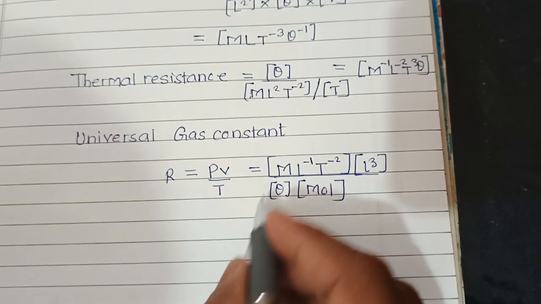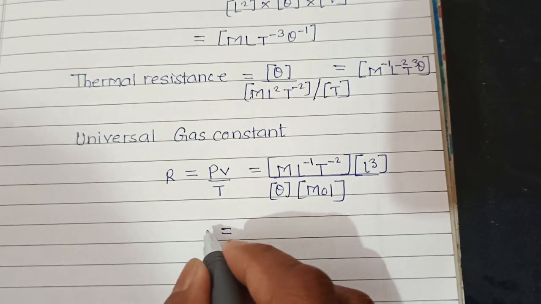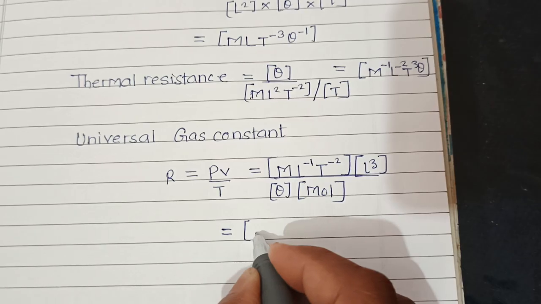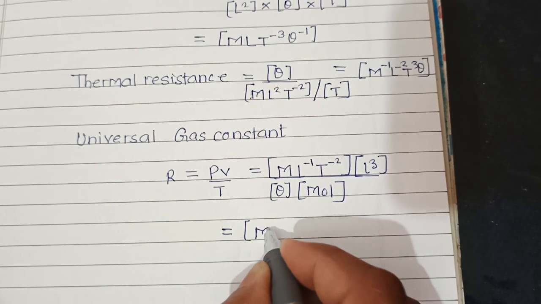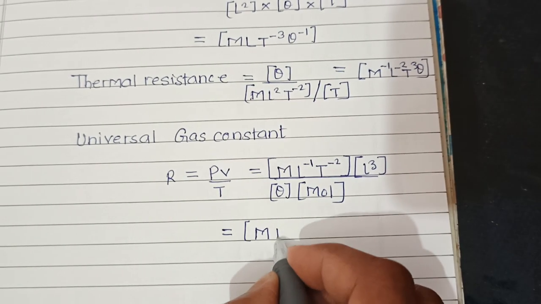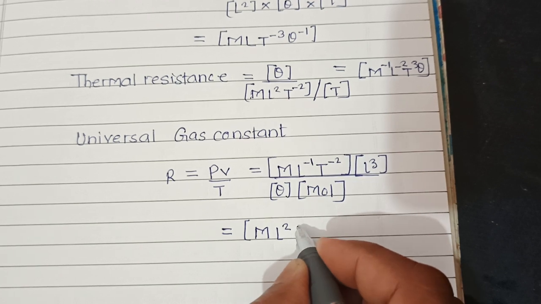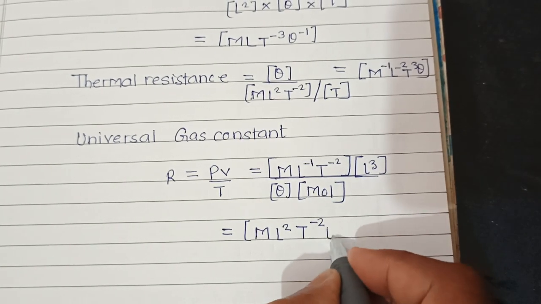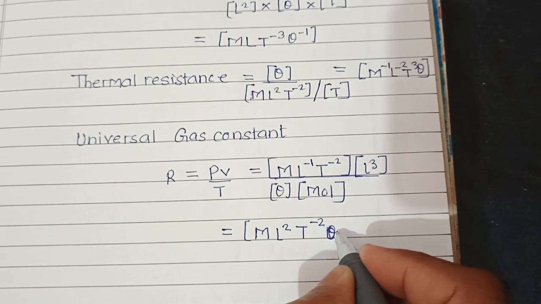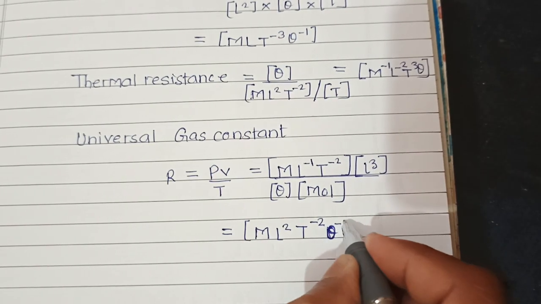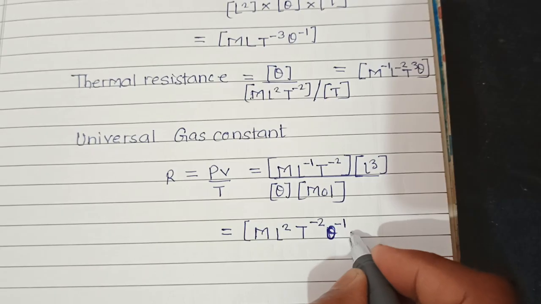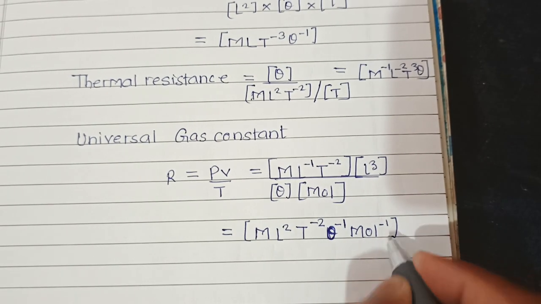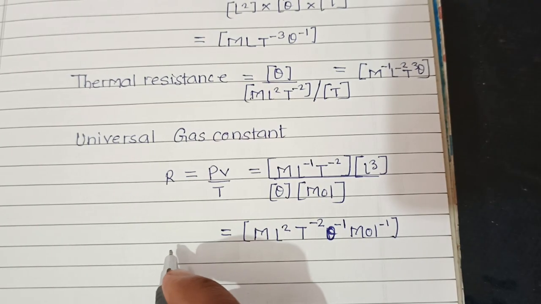So the dimension is M L square T minus 2 theta minus 1 mole minus 1. Okay.